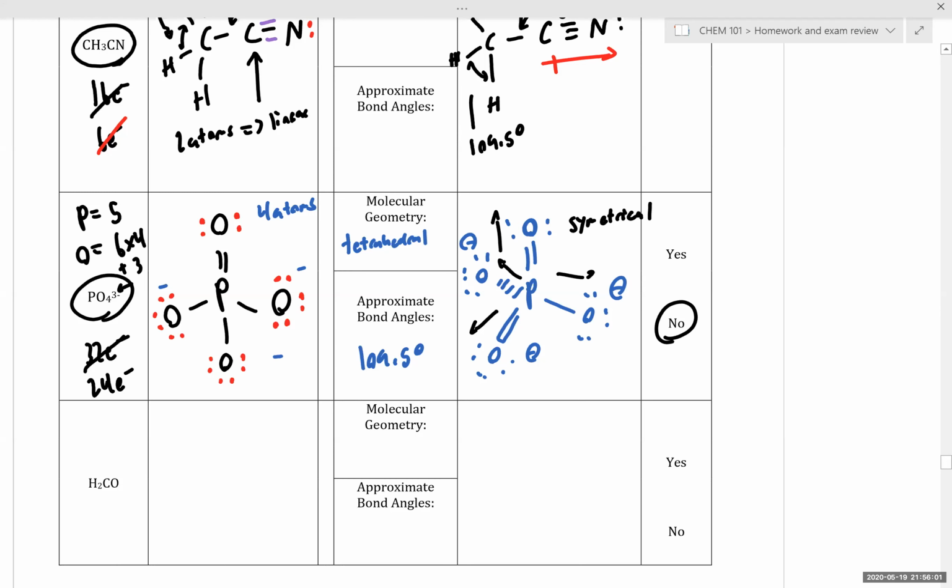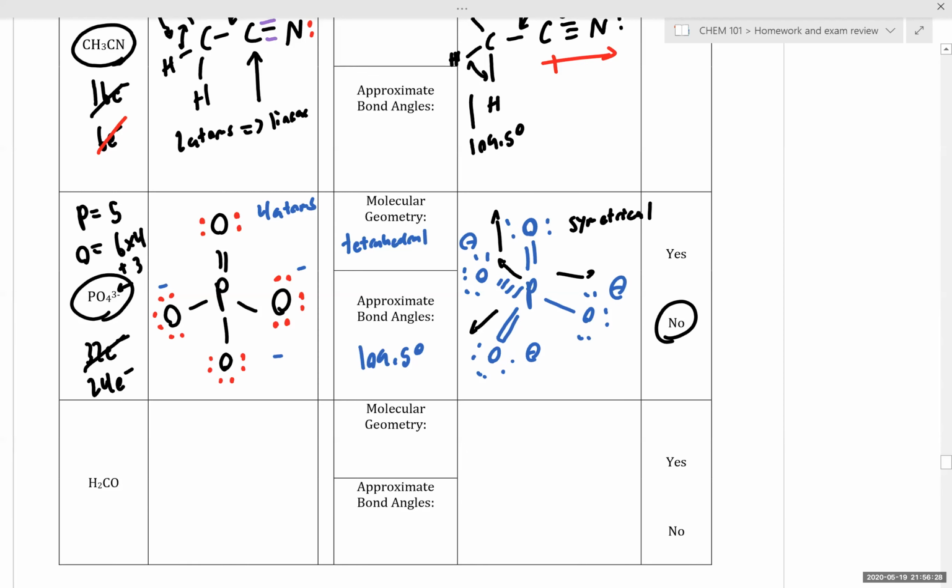Then it would be polar if there are different atoms bonded to your central atom, which possess a difference in electronegativity, or if the molecule has polar bonds and the central atom or central atoms have lone pairs. Though that's a shortcut that we discussed. Does that make sense?